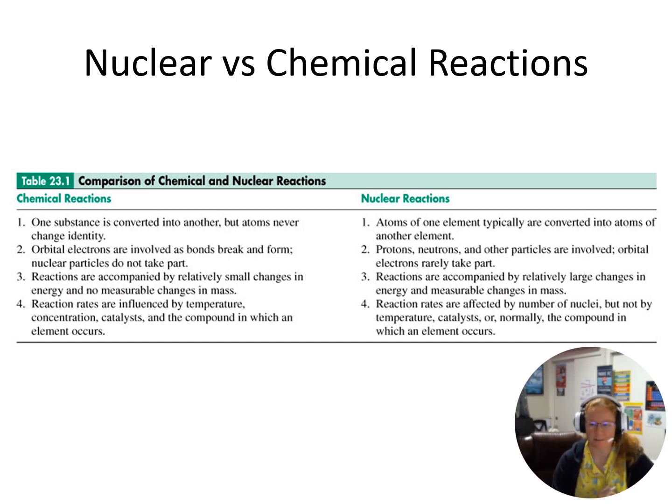What's in the nucleus, the protons and the neutrons, those are not involved. But in a nuclear reaction, protons and neutrons are involved, which is how we end up changing the identity of the element. So as long as we keep the number of protons the same, the identity of the element stays the same. But if we start messing with the number of protons, now we start messing with the identity of the element itself, because the number of protons is what sets the identity of the element.